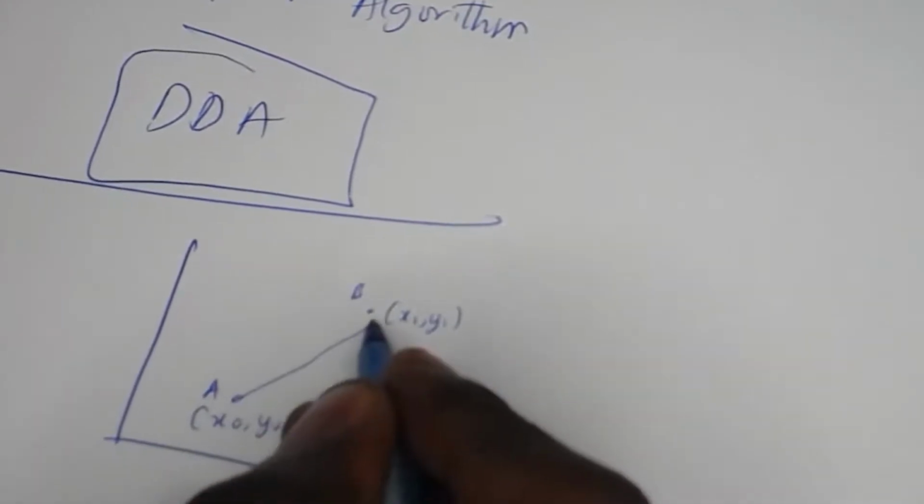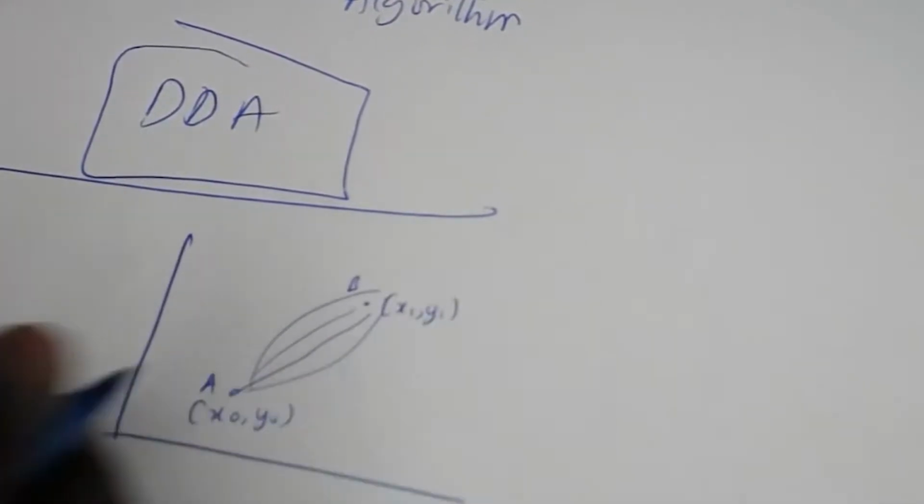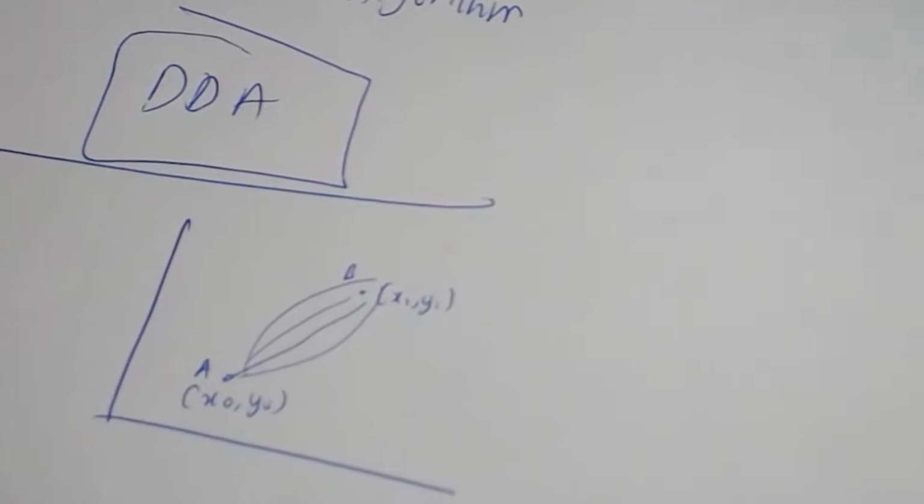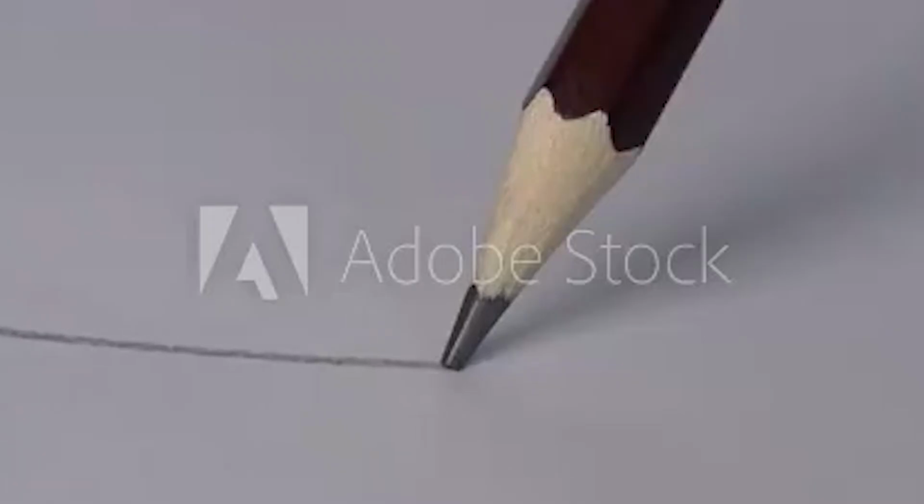Maybe it's going to be like this, or like this, or like this, you can't really know for sure. But methods like this help us to know how to generate the line between 2 points. As you should know, a line is defined as a connector that is between two given points. So DDA method can help us to find the line that connects point A to point B.